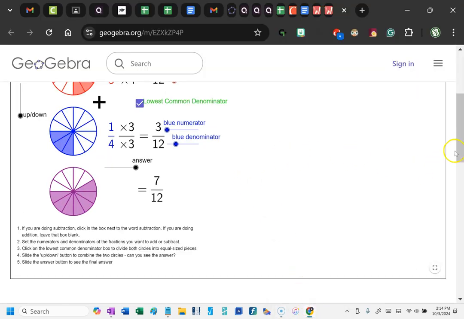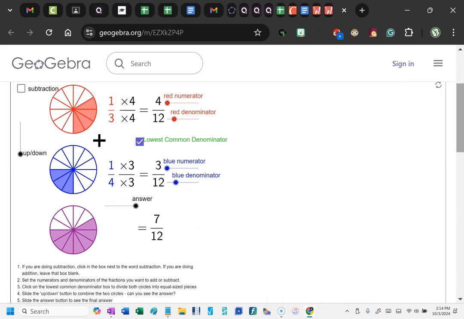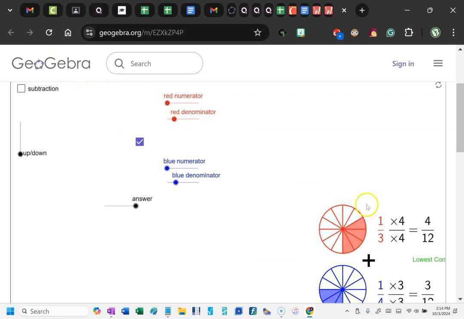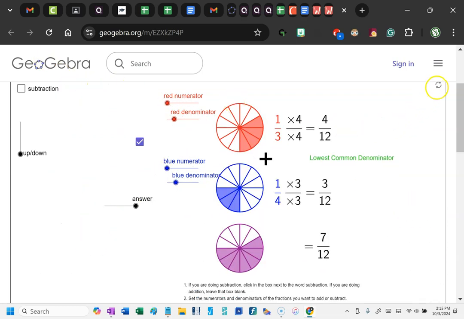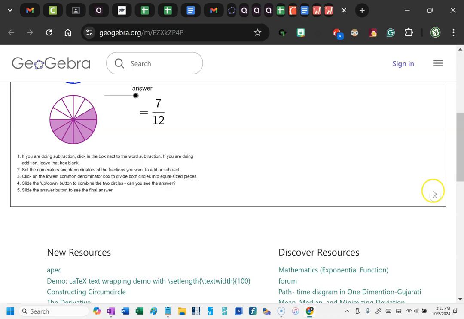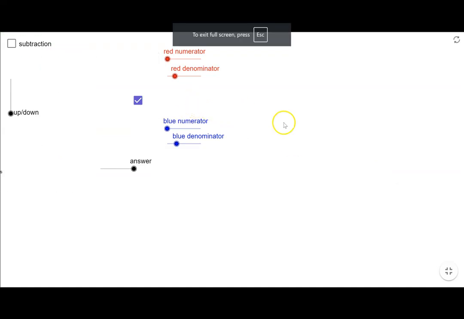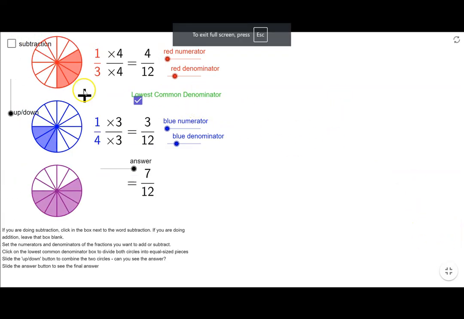Well, we know how to find equivalent fractions. 1/3 times 4/4 means we're finding an equivalent fraction, right? 1/3 is equivalent to 4/12. Am I right? Yes. Okay. Why do we have to multiply the numerator and the denominator?